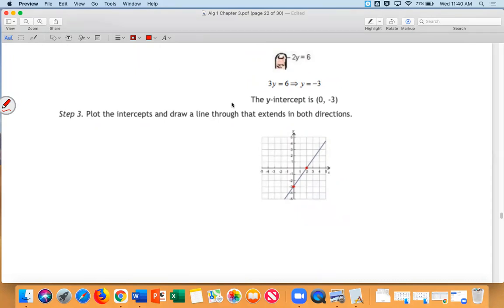So they went to where x was 2 on the x-axis. Do you see that? And then y was negative 3. So you go to where negative 3 is on the y-axis. And now I have 2 points. Annie said I need 2 points to make a line.